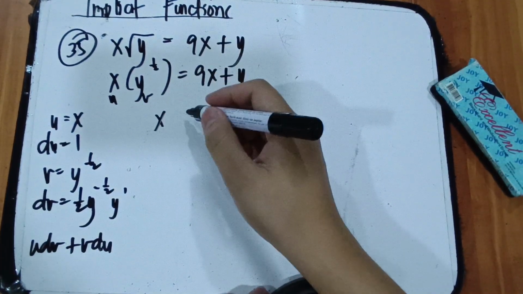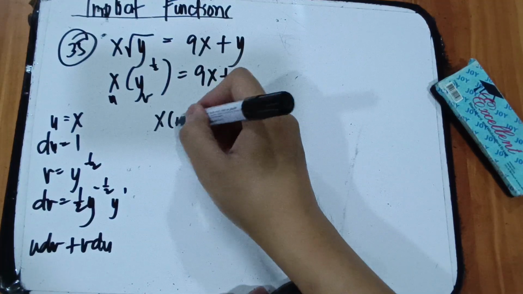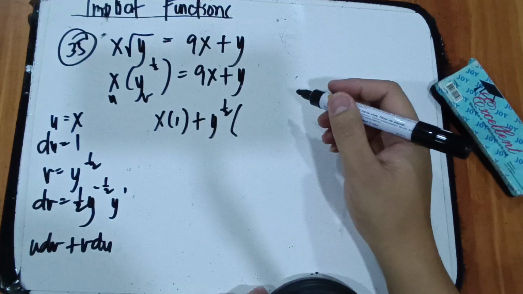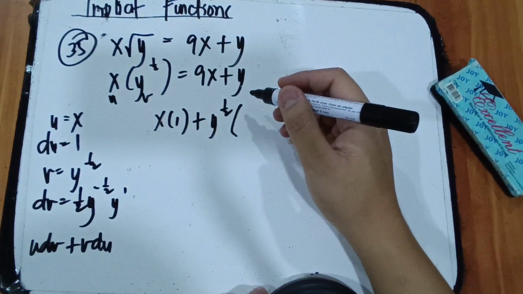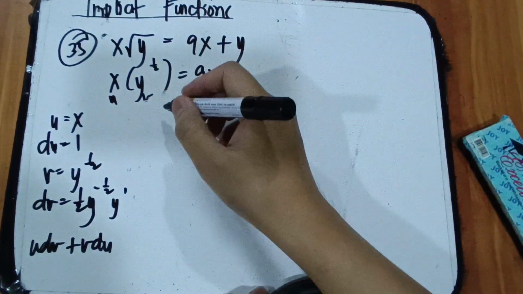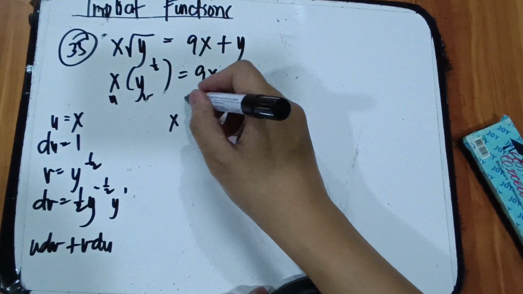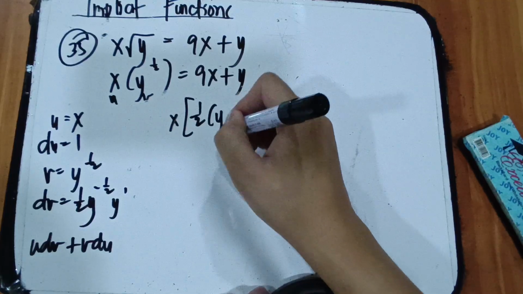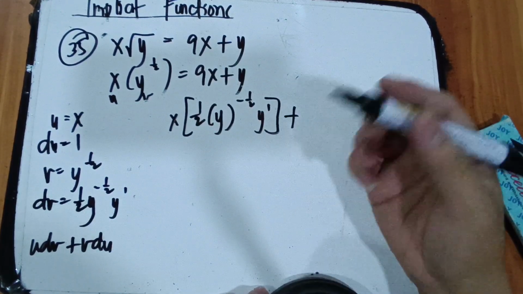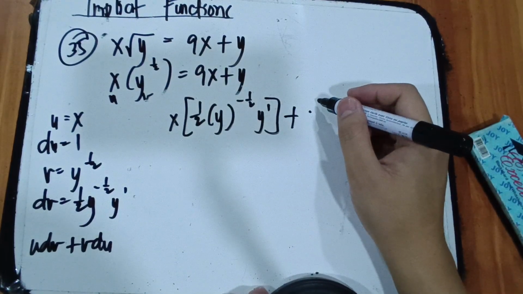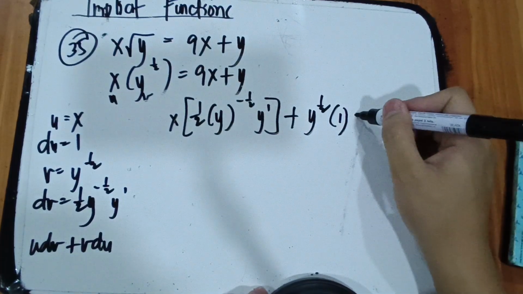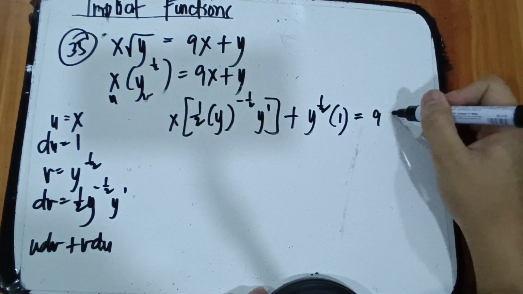U x dv ay 1 plus v na y raised to 1/2 then du natin, u is x, ang dv natin ay 1/2 y raised to negative 1/2 of y prime. Yan. Then plus v na y raised to 1/2 ang du natin 1 plus equals 9 plus y prime.